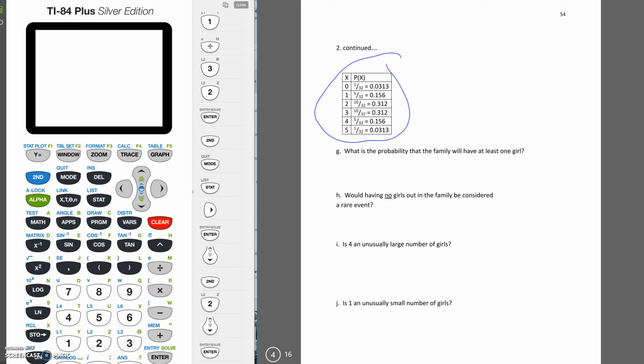So G says, what's the probability that a family will have at least 1 girl? Well, remember when we were talking about complements, when we have at least 1, we can do the complement of none. So this will be 1 minus the probability of 0 girls, which is listed up here: 0.0313.